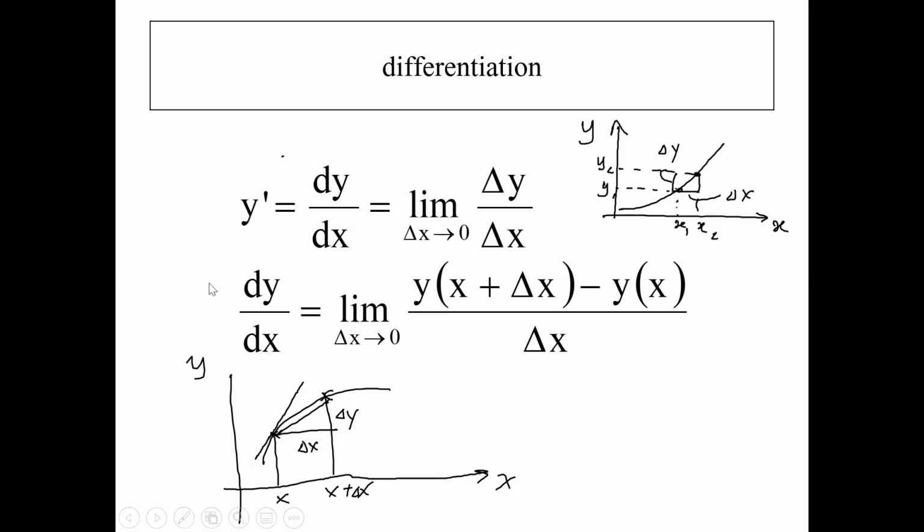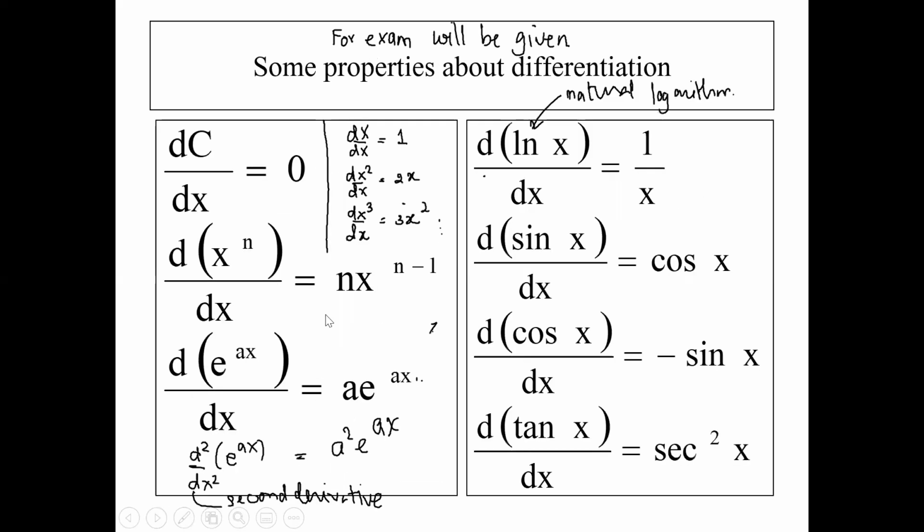Now, this rate of change has several relations. For example, for the exam, you will be given the derivative of a constant compared to x. Because a constant doesn't change when x changes, the change in a constant over x is 0. So dc by dx is 0.